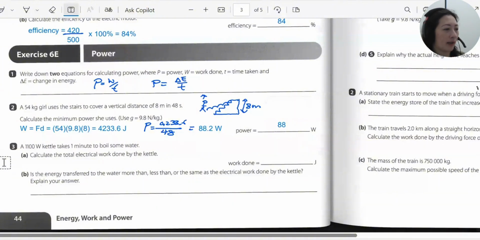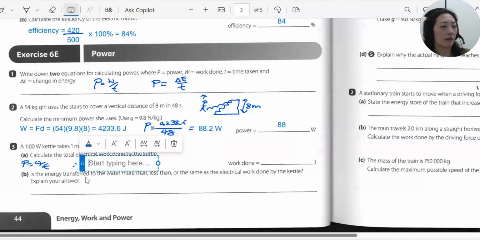Okay, question 3. A 1100 watt kettle takes 1 minute to boil some water. Calculate the total electrical work done. If we know that power is work done over time, therefore work done is power times time.